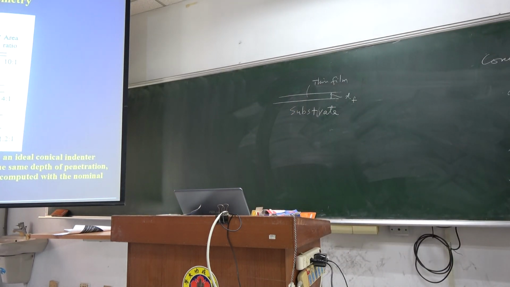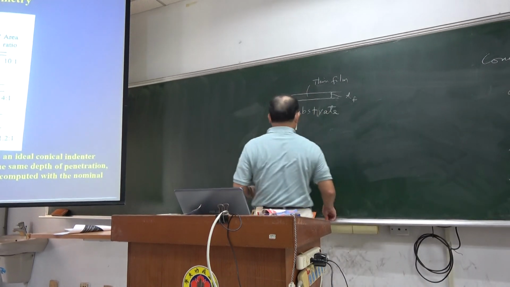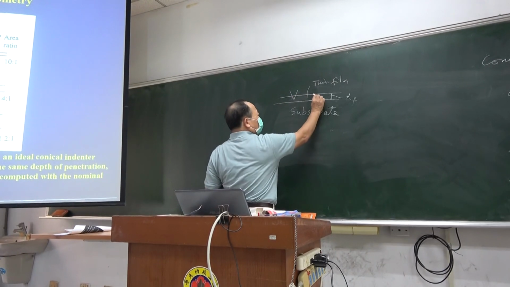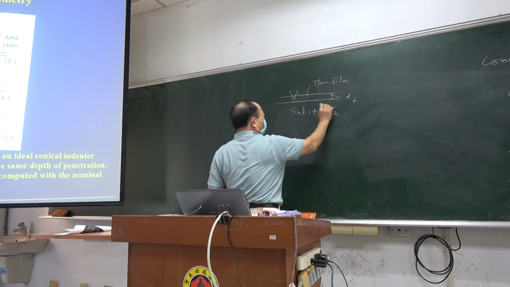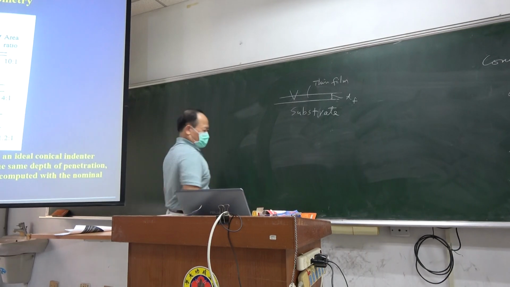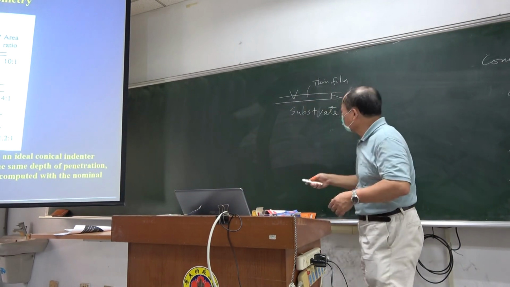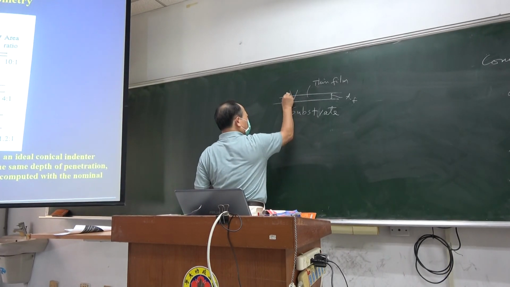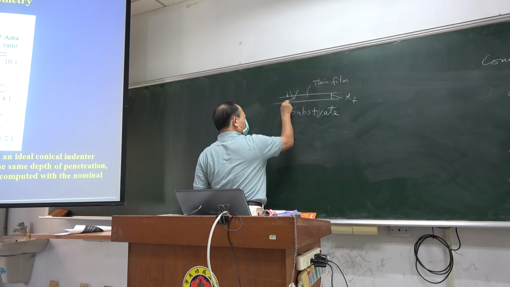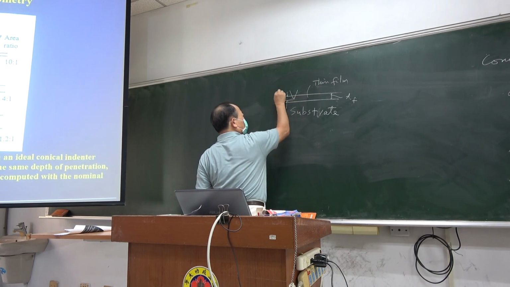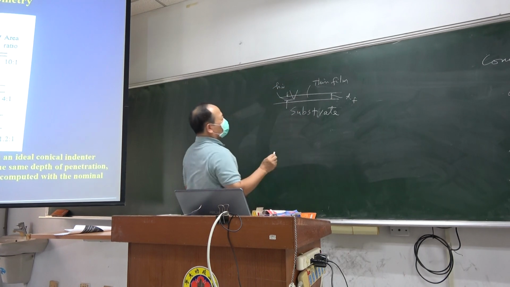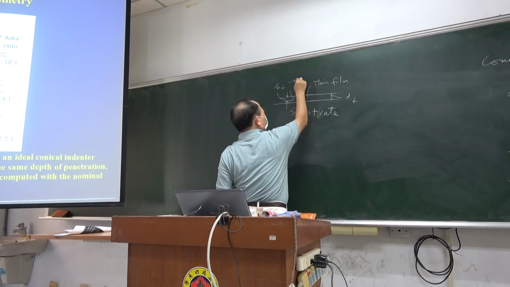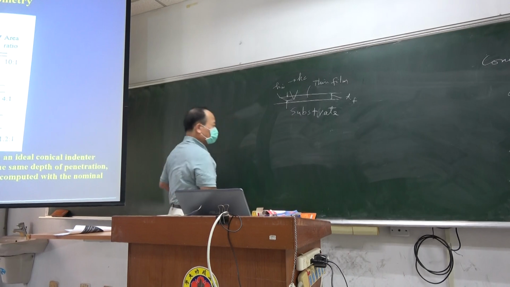Alright? So in this case, we have the normal indentation depth applied to the thin film. We want to measure the thin film property. Okay. Now, we find that the indentation depth has become a very important factor. This h value, we try to have the h value and then we determine the real contact depth.